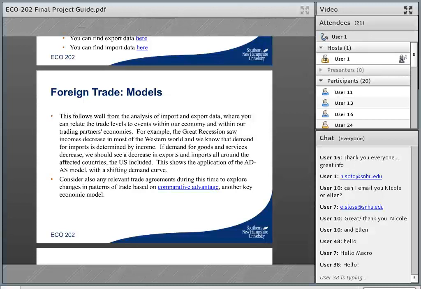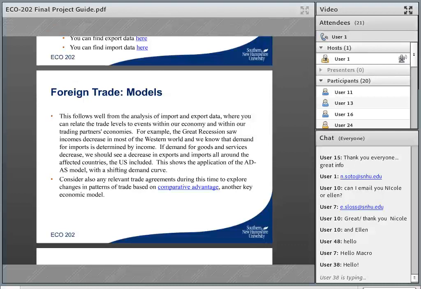That might not technically be a model in the economic sense, but it's certainly something that I think would satisfy this and does feed into the idea of comparative advantage. That's one of the reasons that we reduce trade barriers, so we can take advantage of our comparative advantage. So when our leaders, when our lawmakers decide to reduce trade barriers between countries, they're hoping to take advantage of the economic models that say there will be gains from trade.